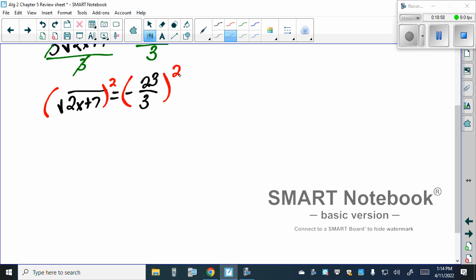Here the nth power is 2, because a square root and square will cancel out, telling us that 2x plus 7 is equal to 529 over 9, because 3 squared is 9 and 23 squared is 529.